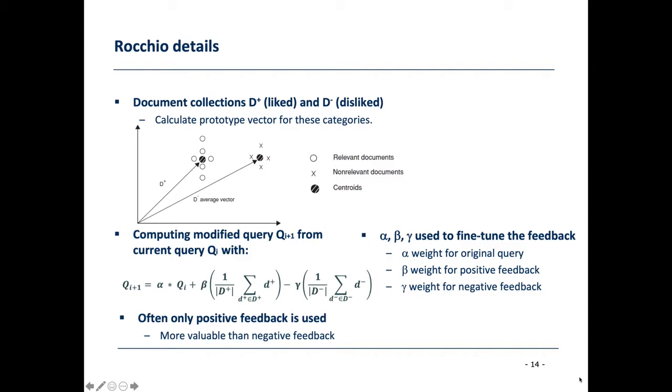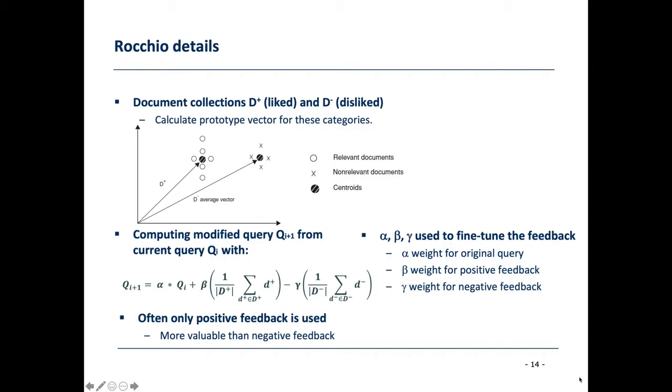So the details of the algorithm are really quite simple. Imagine that we end up with two sets of documents, both liked and disliked, D plus and D minus. What we do is we form a query that is a blend, if you will, of the two queries which would constitute retrieval of the centroids of those document collections.